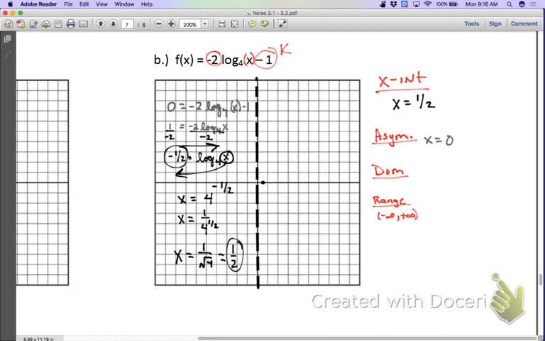So again, I had a good question first hour about this. I had a student say, well, normally whenever you take the square root of a number, it's plus or minus. Okay, you're right, he was right.